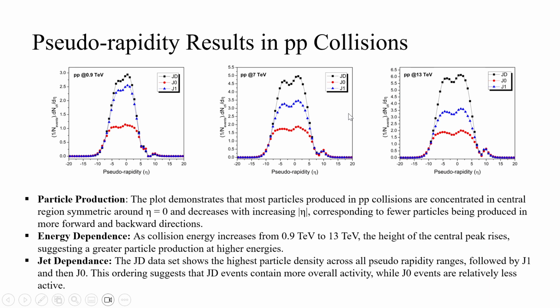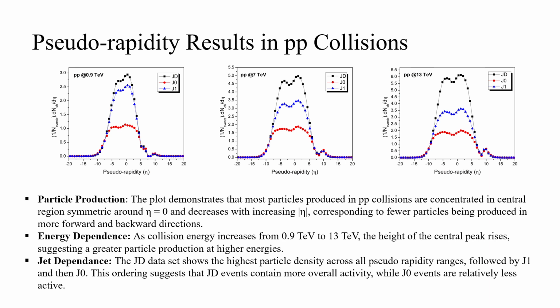Along with that, we are setting jet variations, like we set the jet value as on, and then we set our jet off. Similarly, we will check the results when setting the value of jet as 1. So let's start the results for this pseudo-rapidity of proton-proton collision.